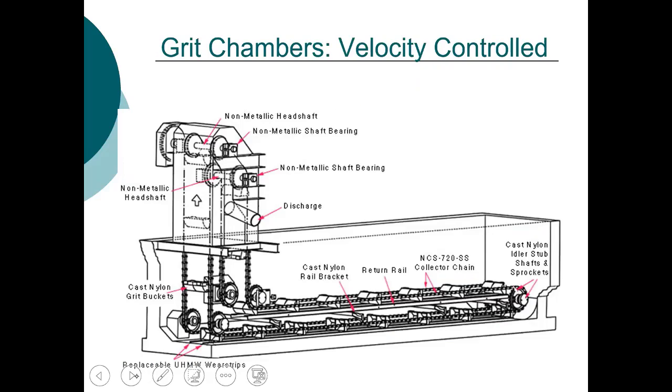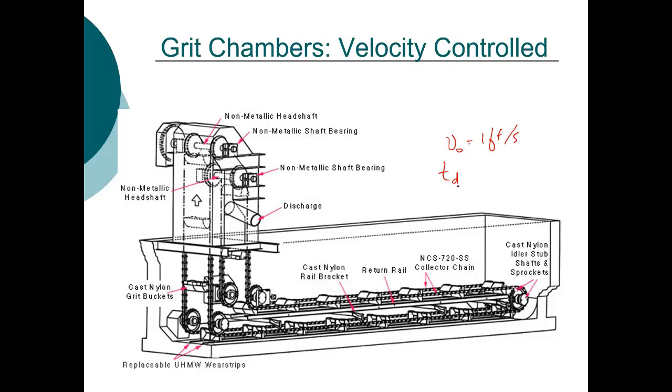And you can see here's an image of a grit chamber. This is a horizontal grit chamber. It operates similarly to a primary sedimentation basin, although the detention time in these typically is much less. It's typically only about 10 seconds to 1 minute with a velocity of about 1 foot per second.